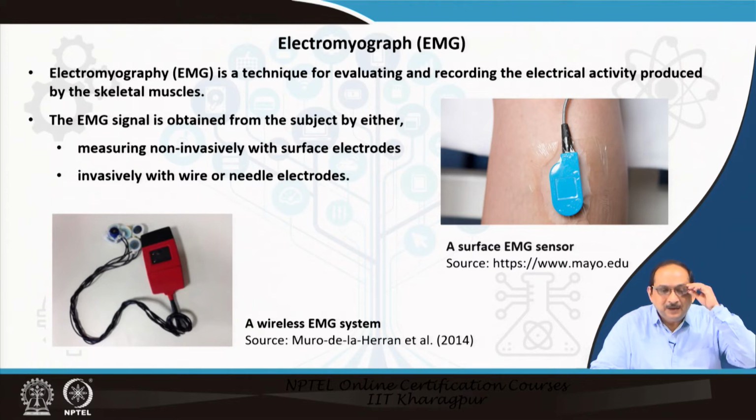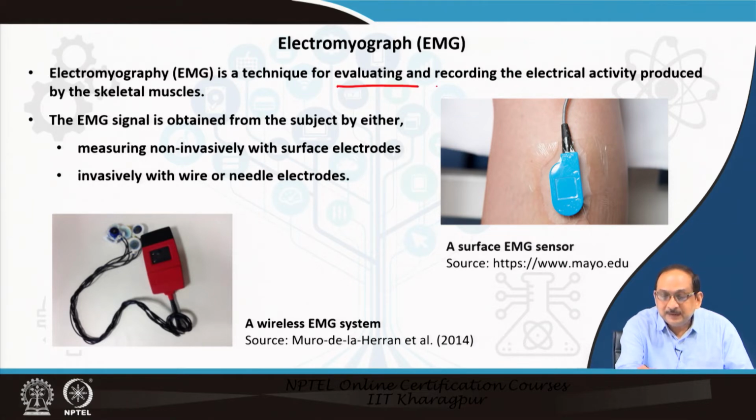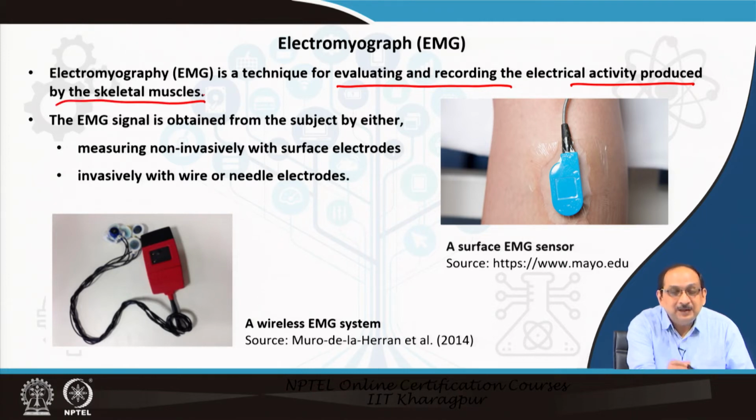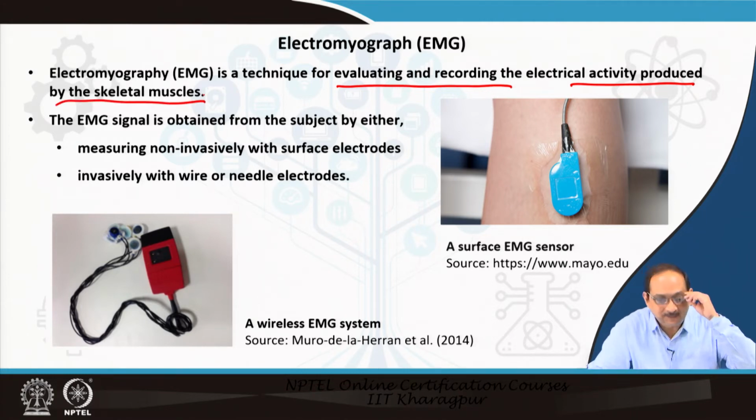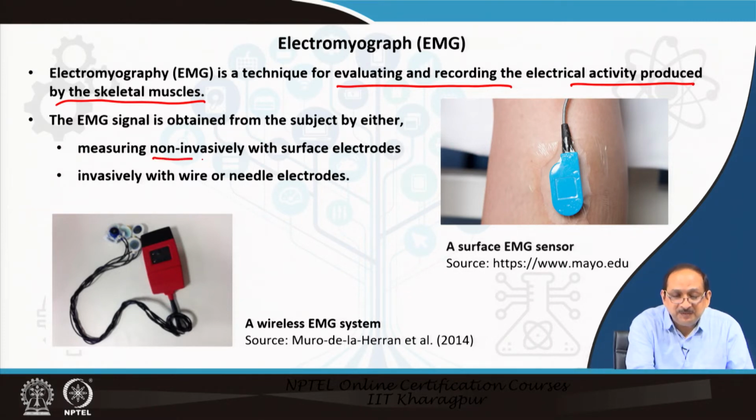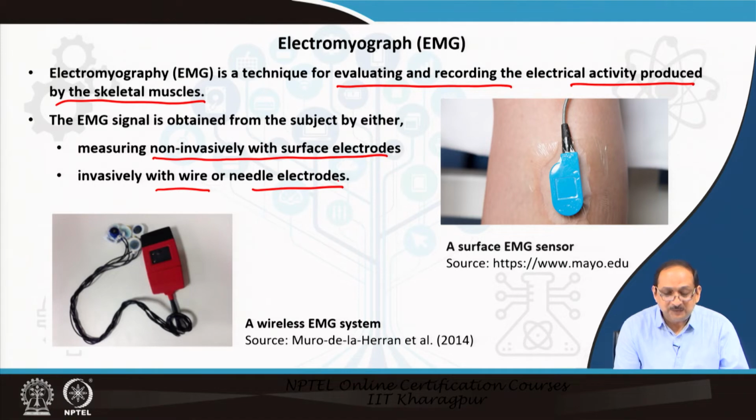Electromyography or EMG is a technique for evaluating and recording the electrical activity produced by the skeletal muscles. The EMG signal is obtained from the subject by either measuring non-invasively with surface electrodes or invasively with wires or needle electrodes.